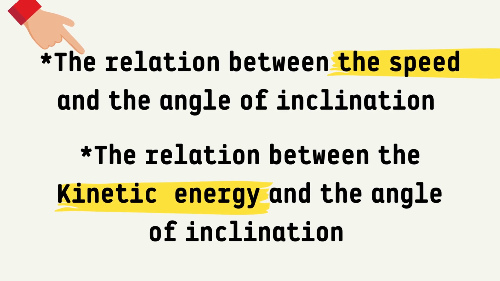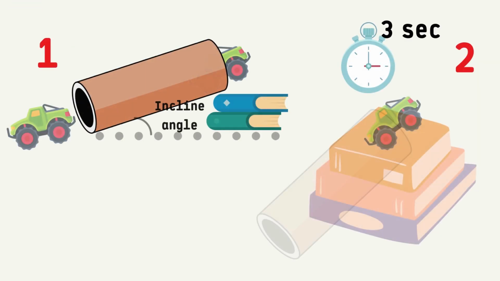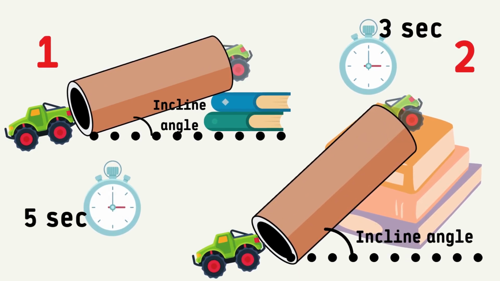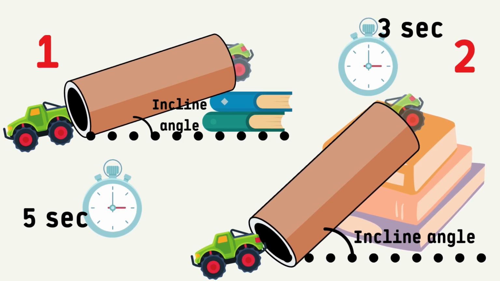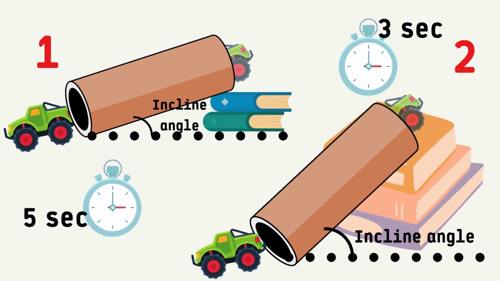We will put 2 books as you see, and we will put the cardboard as you see here, one end of the cardboard on the books and the other on the ground, and we will push the toy car inside the cardboard like that, and we will measure the time that the toy car takes to reach the other end of the cardboard.